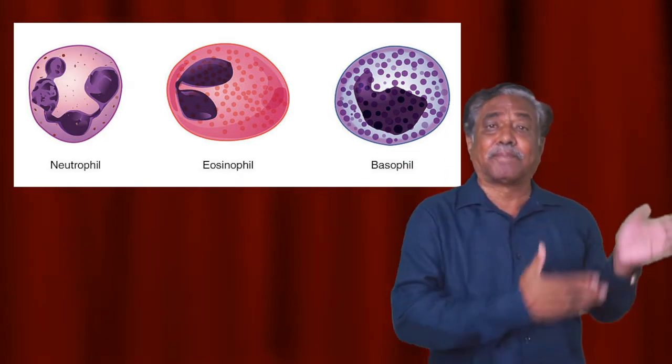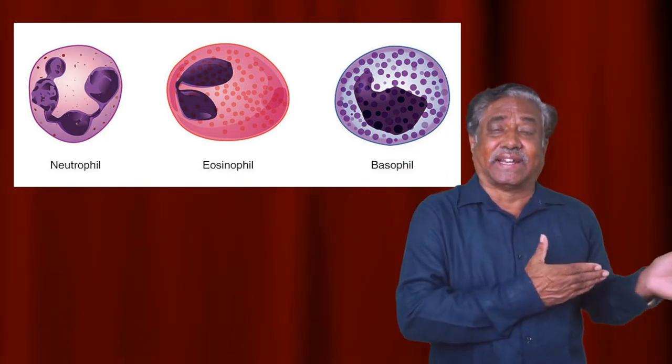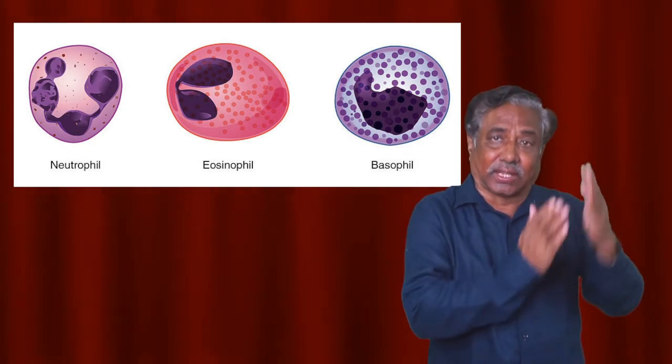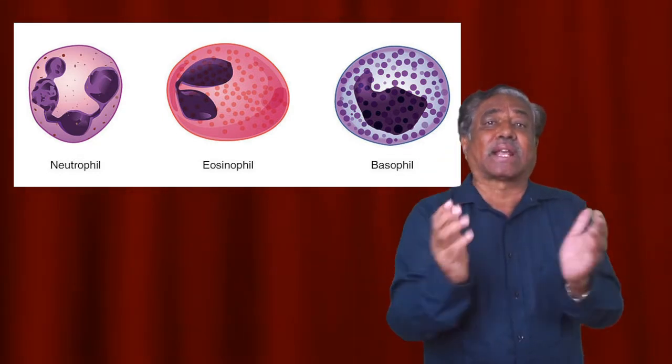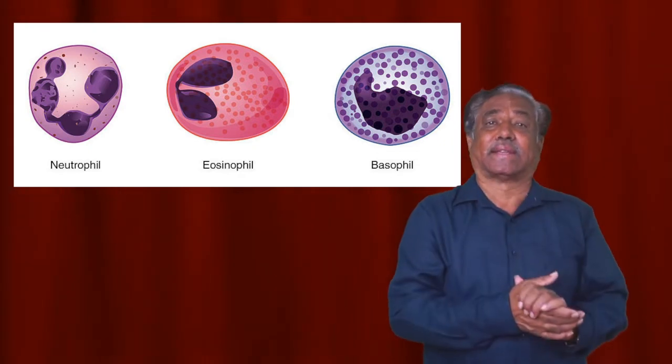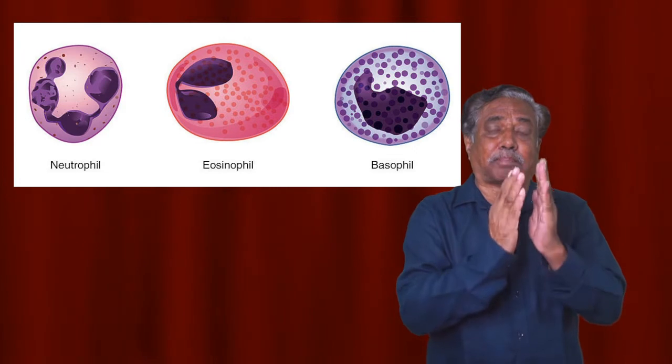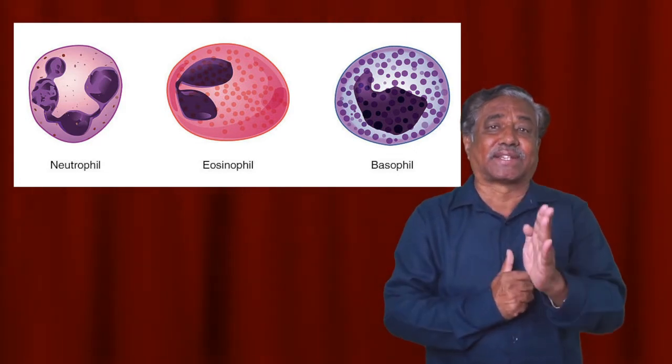And coming to the eosinophils, it is only 2 to 3%. The eosinophils have a spectacle shaped nucleus, that is also very important, and they play an important role in allergy.